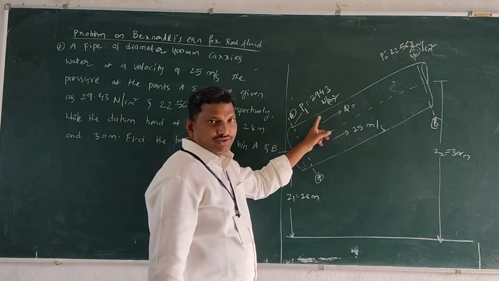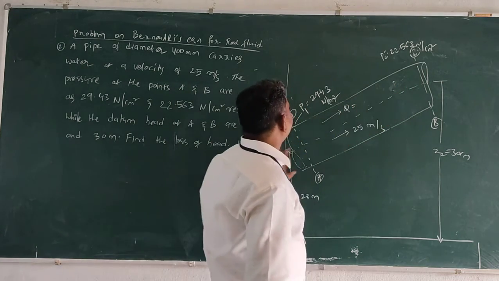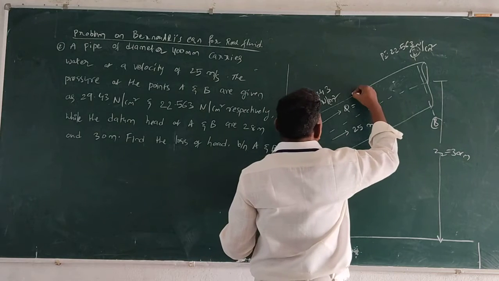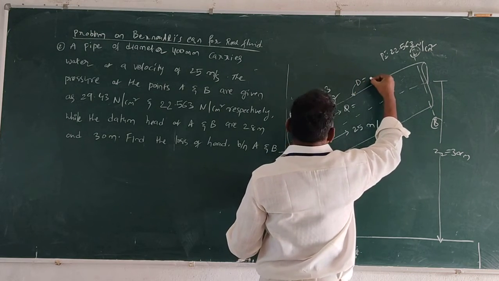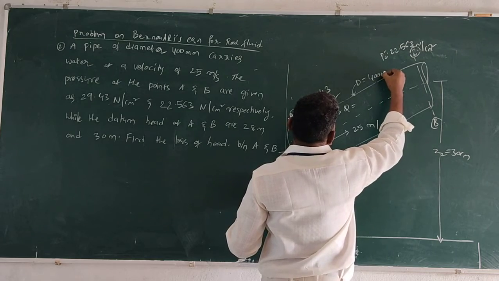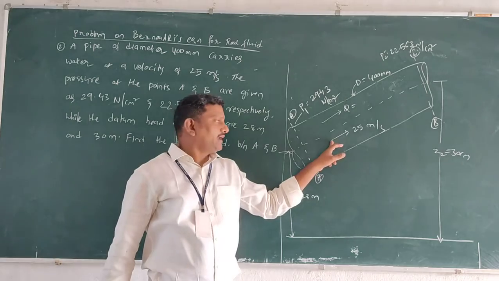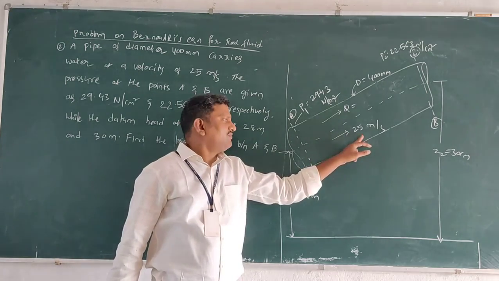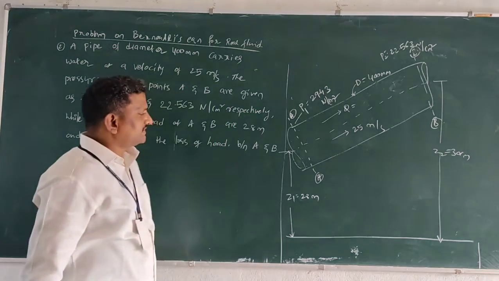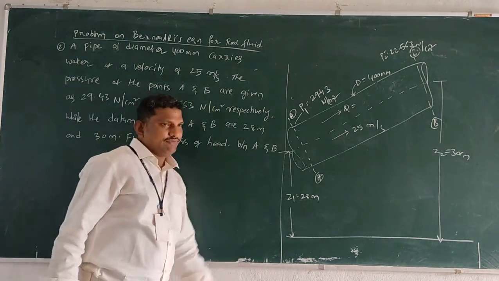And the pipe has uniform diameter. What is the diameter? This is equal to 400 mm. And water is flowing with the velocity of 25 meters per second. Okay, this is the information.